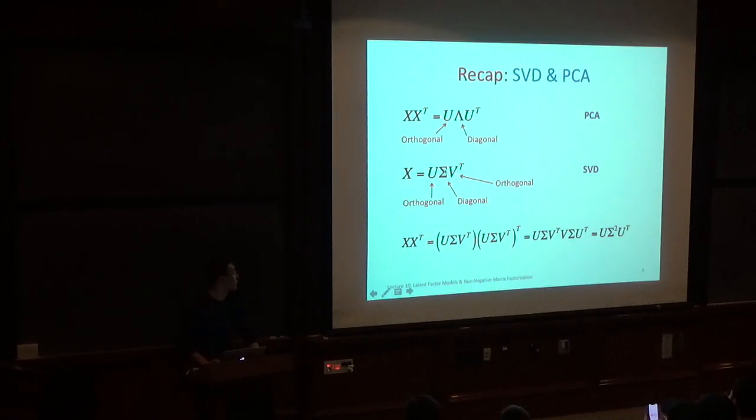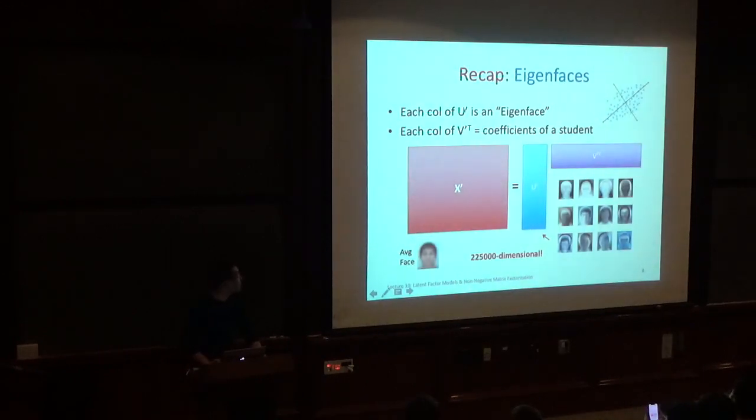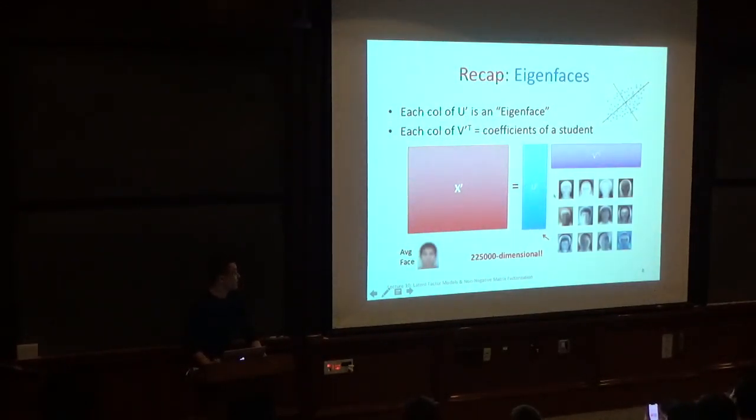So we just put part of it in U and part of it in V to get U prime and V prime. We covered this in the previous lecture. And so now every U prime is an eigenface, so it's a basis face. And then V prime is the coefficients of a particular, in this case, CS155 student, and how they are represented as a linear combination of these eigenfaces or basis faces.